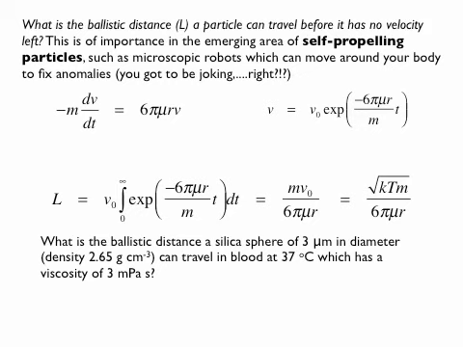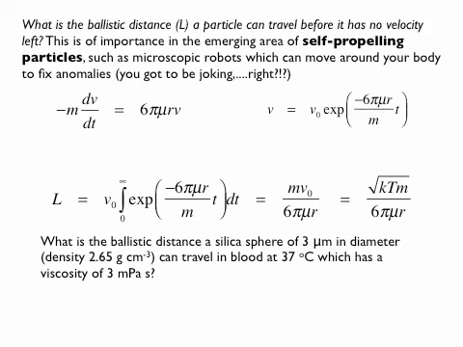The velocity at a certain time equals your starting velocity, v0, times the exponent of minus 6 times pi times the viscosity times the radius over the mass times the time. So in a way, it's like an exponential decay. Which is logical, right? You shoot, you have an initial velocity, and you slow down because of the drag force until you don't move anymore.